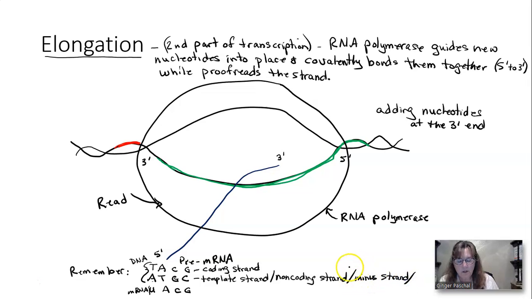It can also be called the antisense strand. All of these names are talking about this strand of DNA that is actually being used to make the messenger RNA. So this is the template strand, non-coding strand, minus strand, and or the antisense strand. This up here is called the coding strand, which feels a little odd.